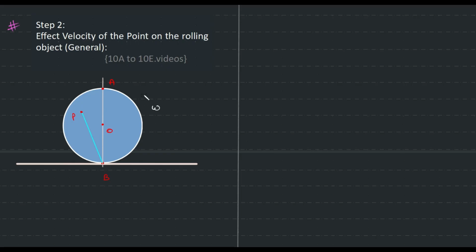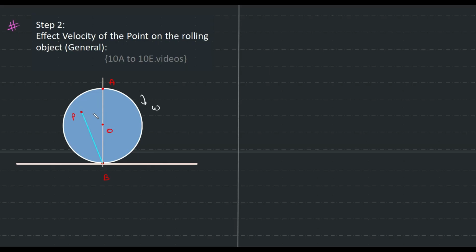So all the discussion will be with respect to this, in terms of the velocity at the center of mass. Again, I'll repeat, we are discussing everything with respect to this, in terms of that. That's the whole thing. Okay, so let's come back.